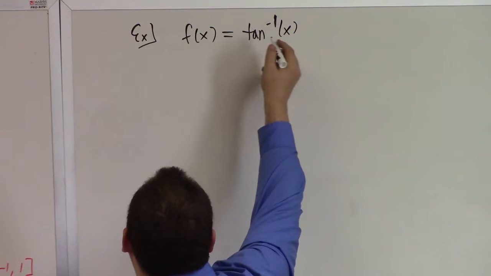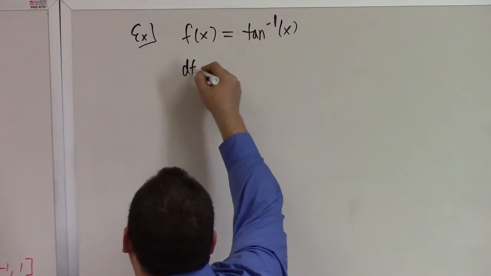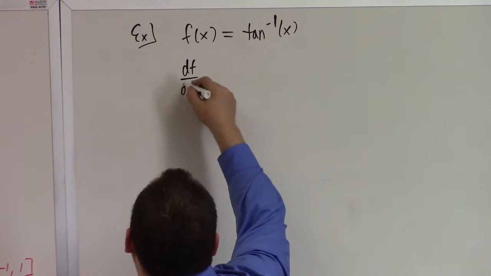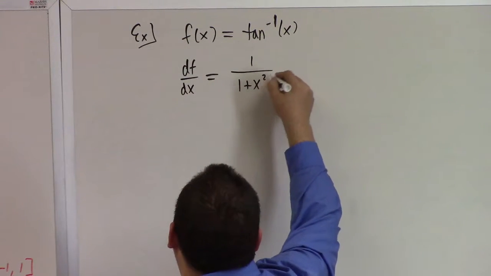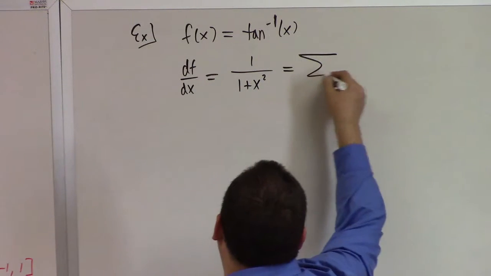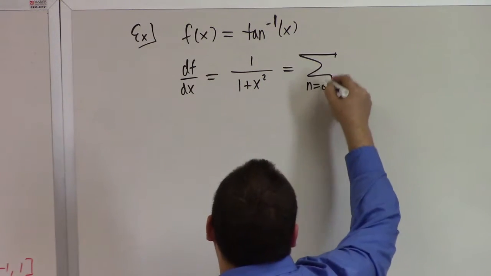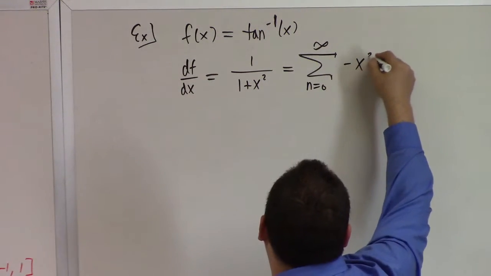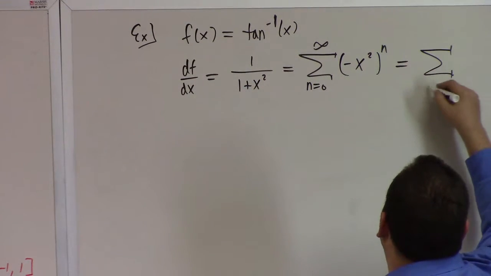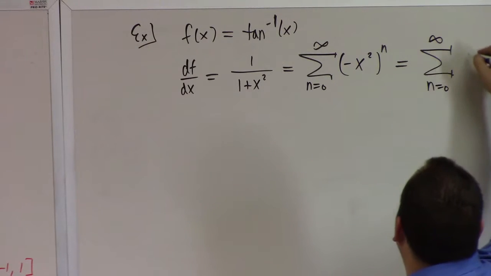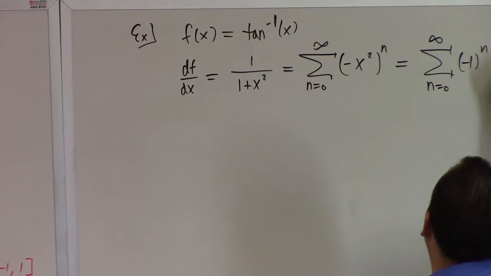If I look at that, then df/dx is what? 1 over 1 plus x squared, which is equal to the sum n equals 0 to infinity of (minus x squared) to the n, which is equal to the sum n equals 0 to infinity of (minus 1) to the n times x to the 2n.